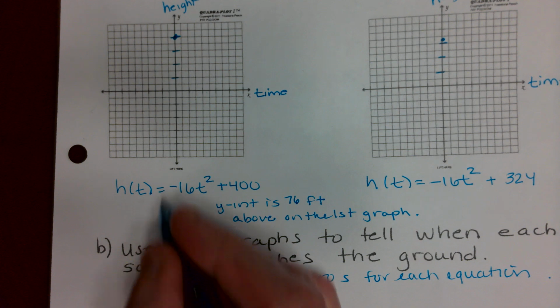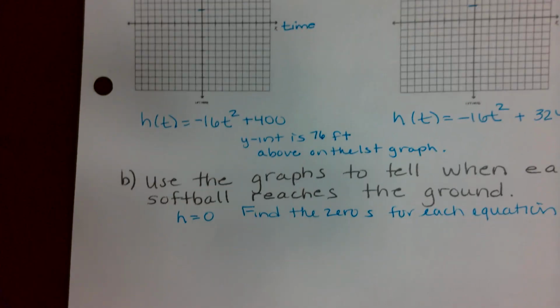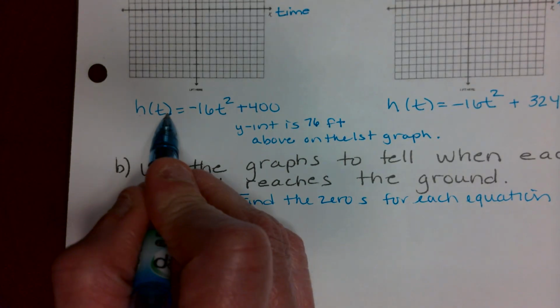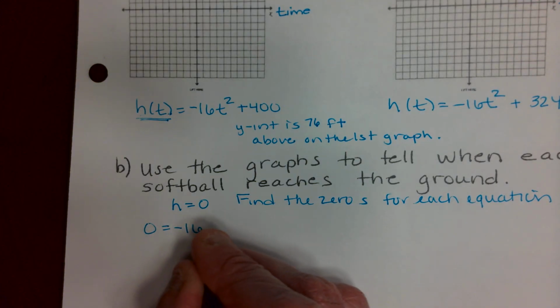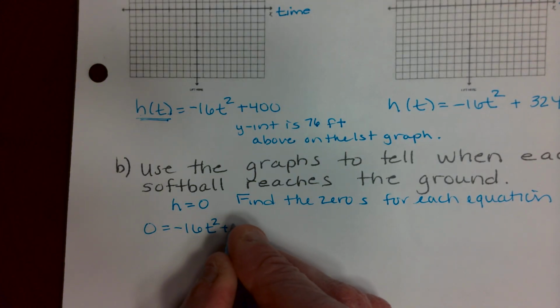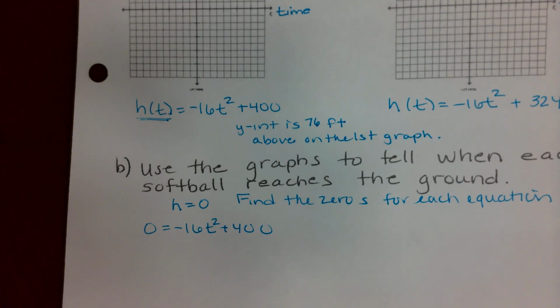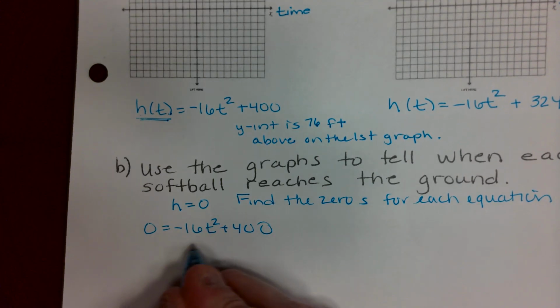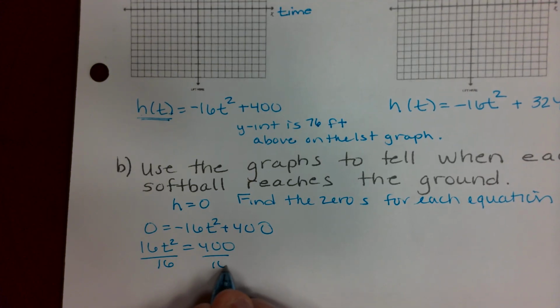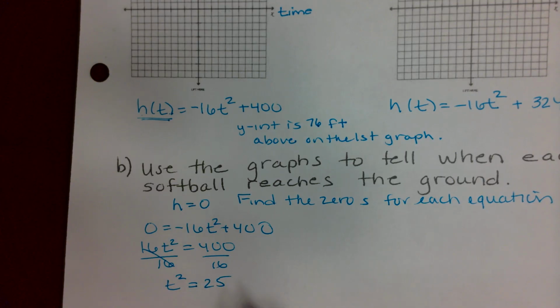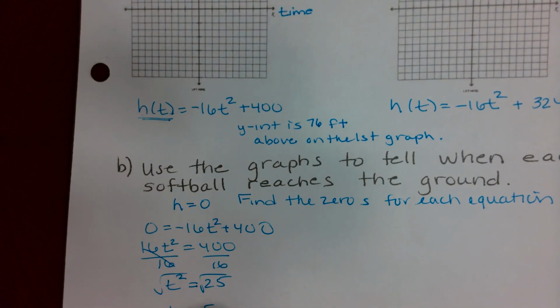So let's go over to this side first. Let's slide this up a little bit. In other words, we're going to substitute 0 in for h and see what we get. If you solve this, move the 16t squared over to the other side. Divide by 16. t squared is 25, take the square root, and t is 5.